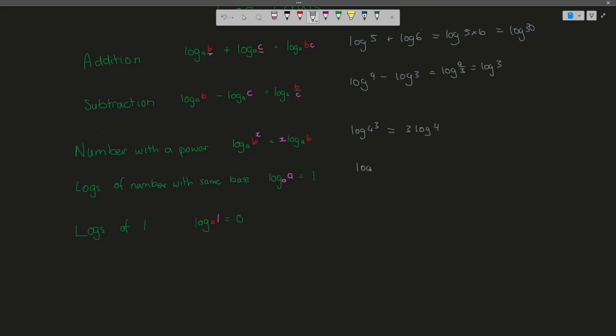So log base 7 of 7 will equal 1, and log 10, we know that log on its own has a base of 10, will equal 1. Whenever you log the number 1, no matter the base, it will always equal 0. So log base 52 of 1 is equal to 0, and so is log base 10 of 1.